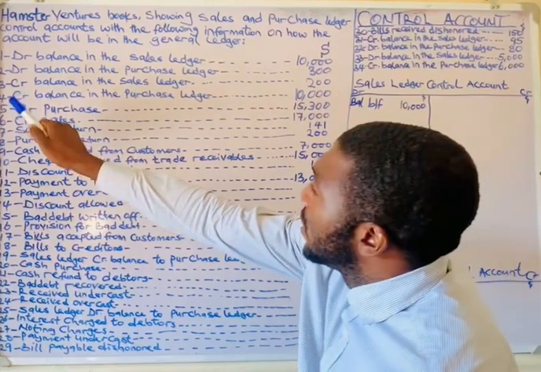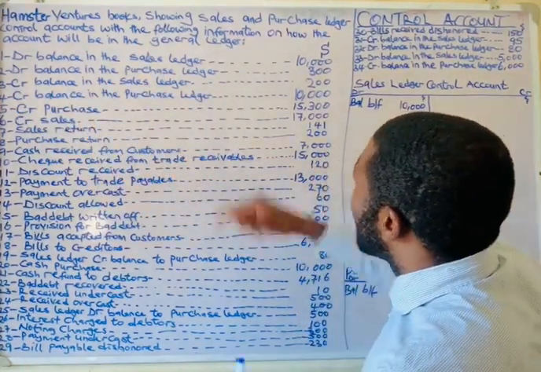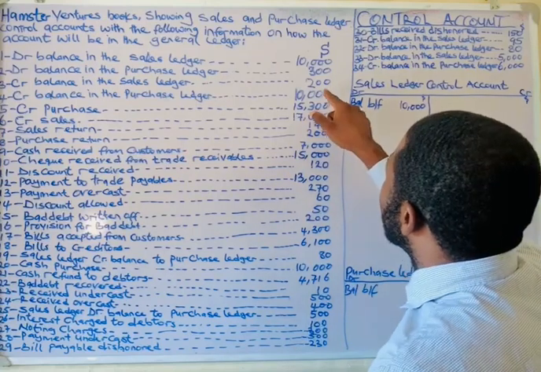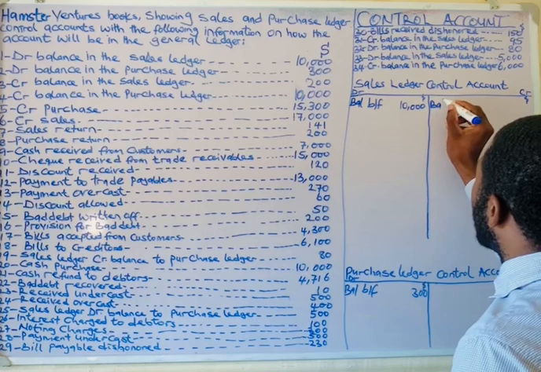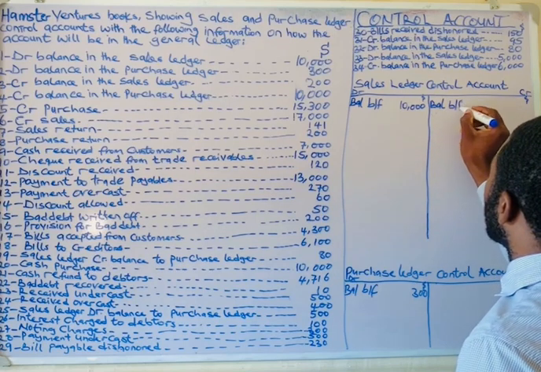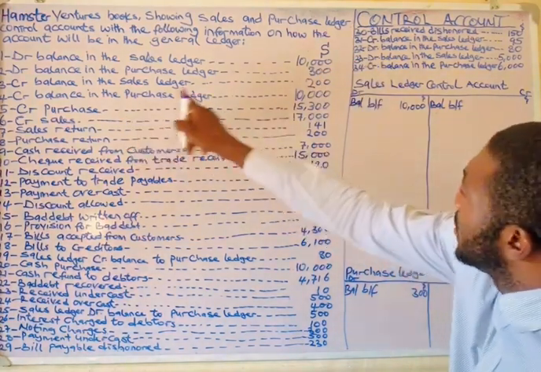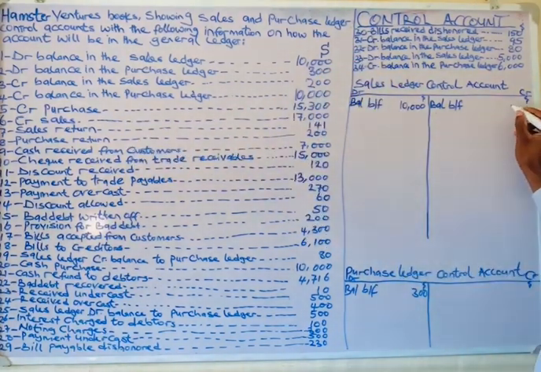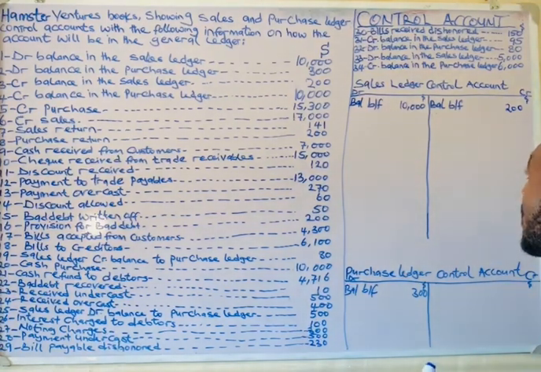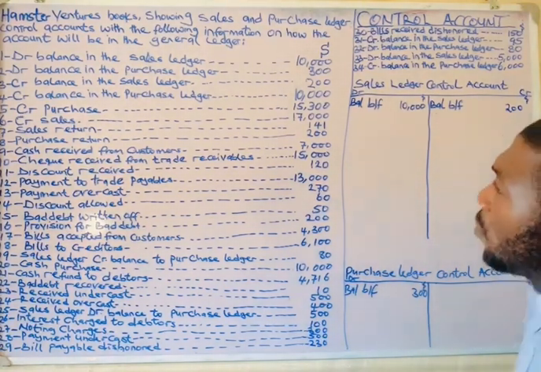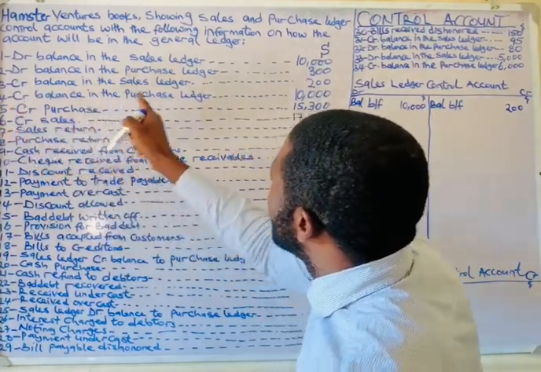Number 3, credit balance in the sales ledger. You go to your sales ledger on the credit balance and it is 200. Balance brought forward of number 3, $200. That is all. Simple, very simple. Now, number 4, credit balance in the purchase ledger.